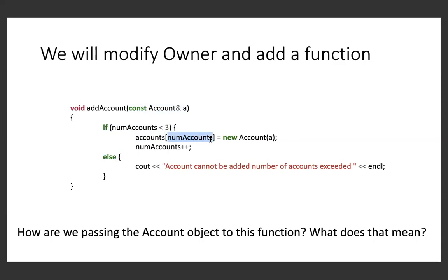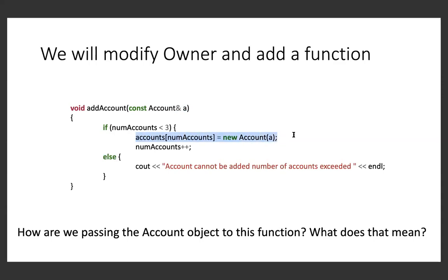And then we create a new account object by making a copy of whatever account we're passing here. Here we're using the new keyword. So at this point, we are allocating a new account object onto the heap, returning the address of it, and assigning it to the pointer inside this array at this location.